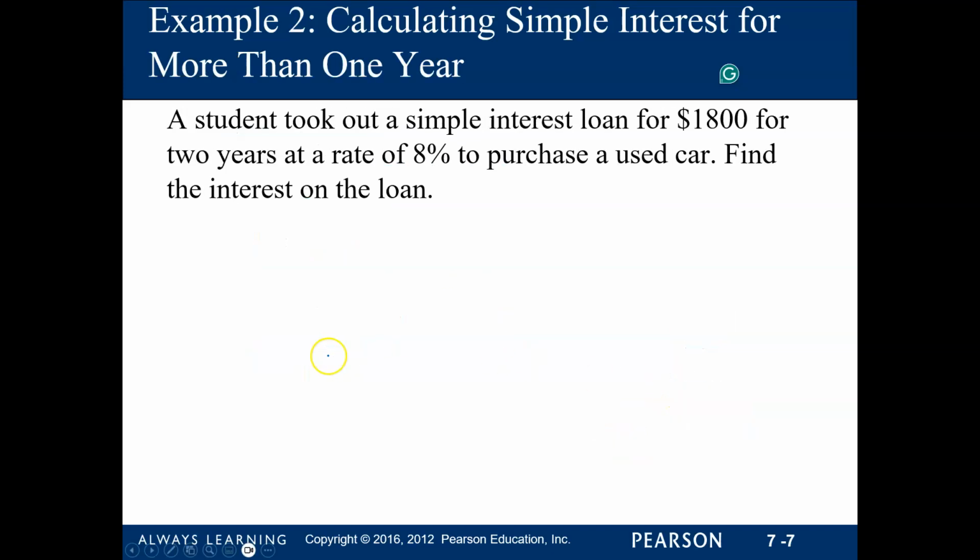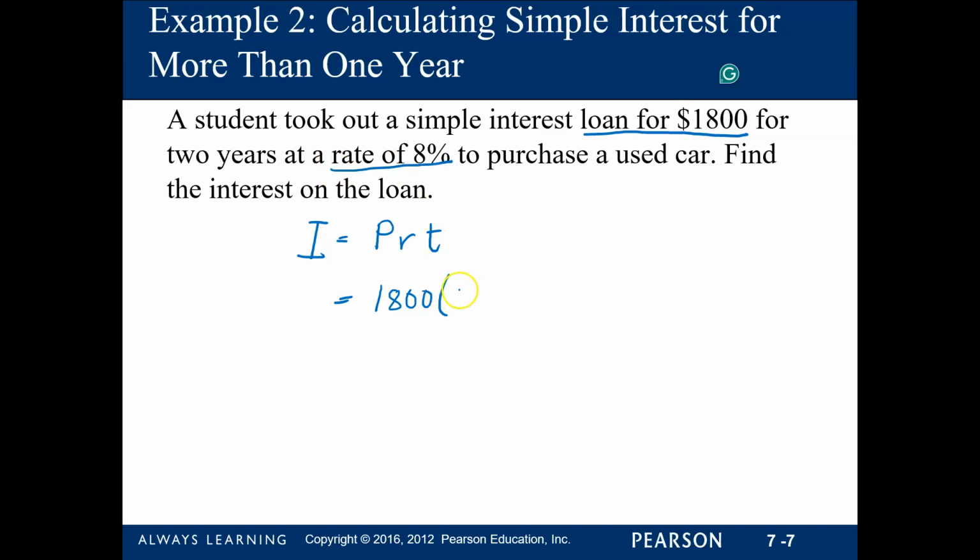All right, let's have another example. We have a student who took out a simple interest loan for $1,800 for 2 years at a rate of 8% to purchase a used car. Find the interest on the loan. Again, we have our formula I is equal to P, R, and T. Our principal is the amount borrowed. So the loan is $1,800. The rate is simply the one with the percent.